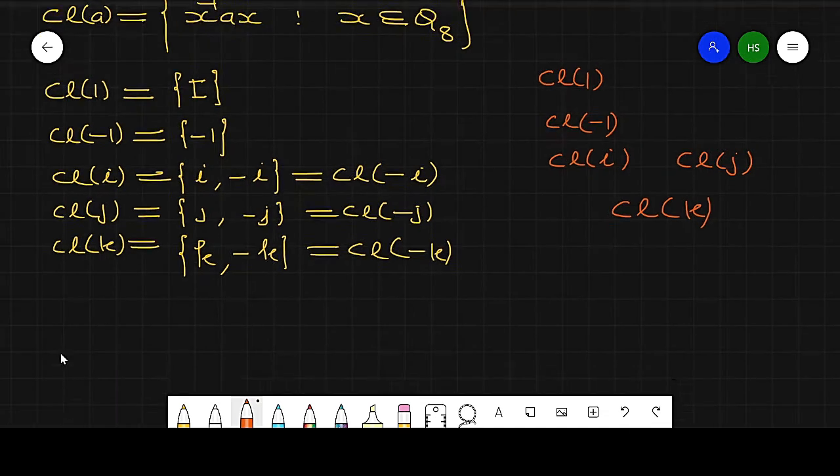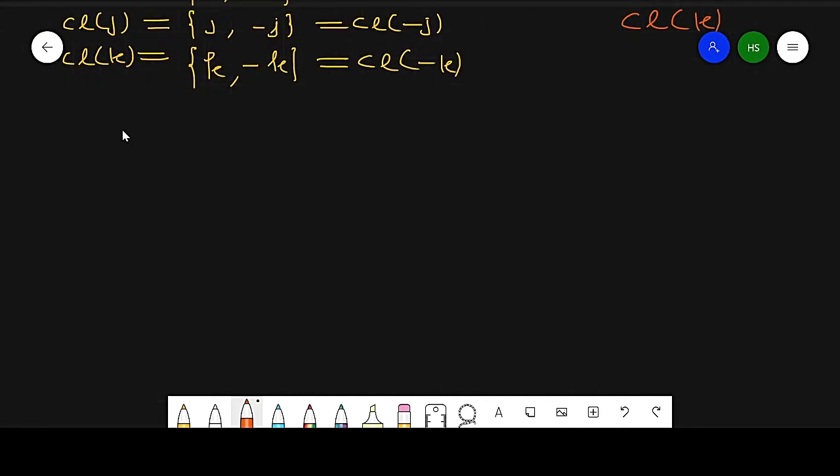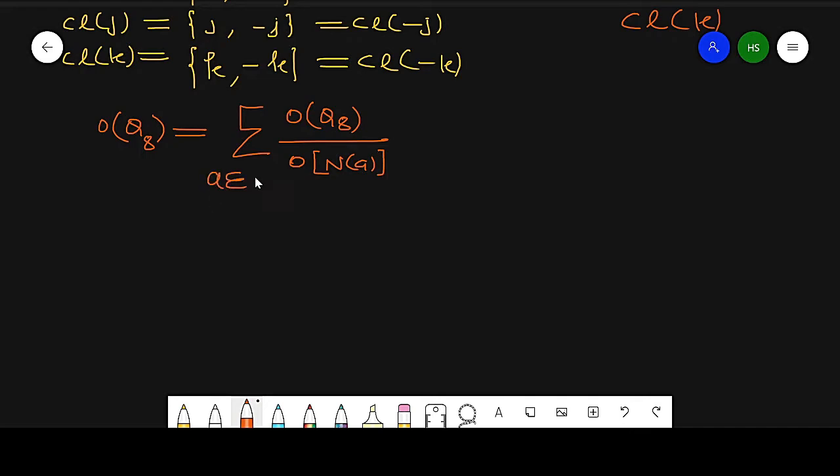So what is the value of the class equation? Order of Q8 is equal to the summation of order of Q8 over order of the normalizer of a, where a belongs to Q8. Here the normalizer consists of those elements which commute with a.